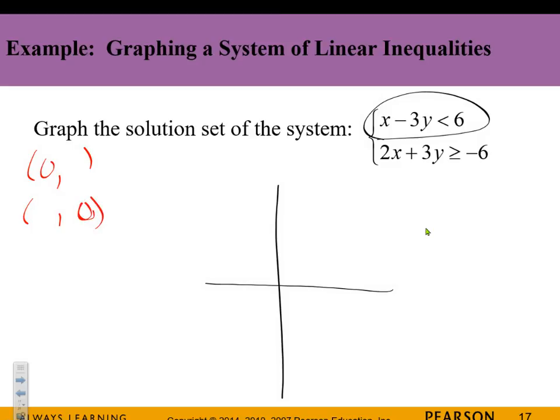If x is 0, then we've got -2. If y is 0, then we've got 6. Right? So 0, -2. And then 1, 2, 3, 4, 5, 6. It's going to go here. This is going to be a broken line. Test of point 0, 0. Is 0 less than 6? Yes. So we're going to shade.